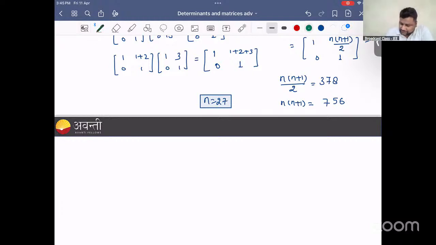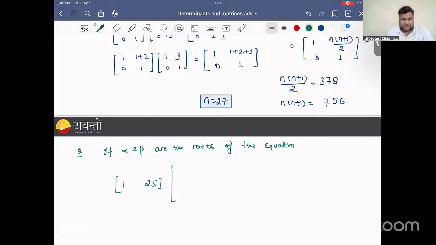Now the next question. See, if alpha and beta are the roots of the equation, say this is a matrix 1, 25. This is a matrix of order 1 into 2. Then it is 0, 1 by 2, minus 1, 1 by 2, raised to the power 5.